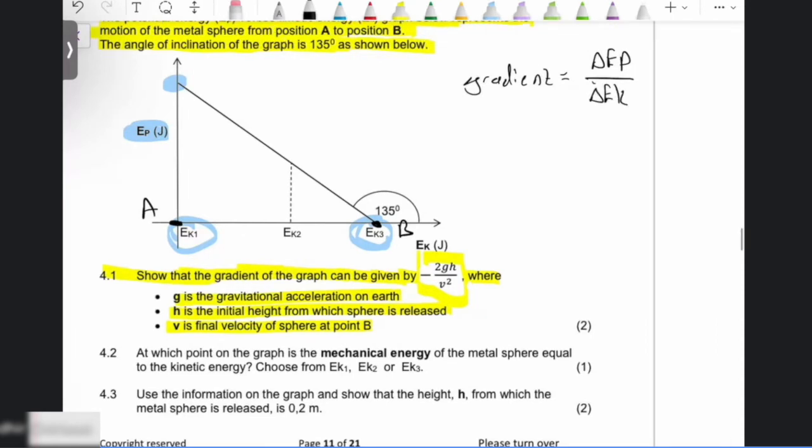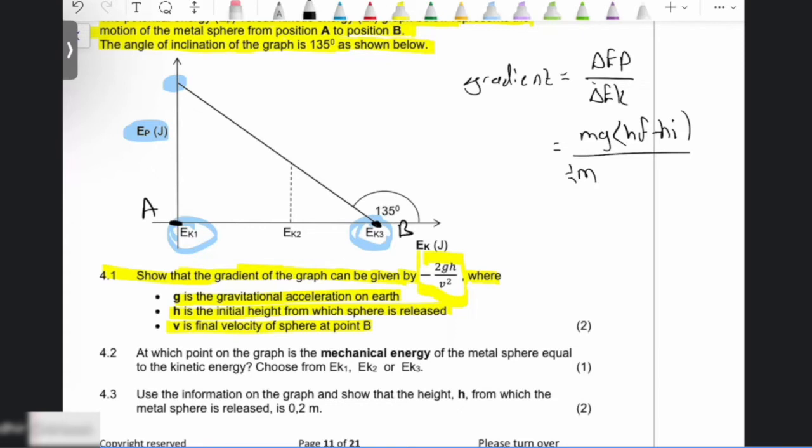All we're going to do from here is choose 2 points. It doesn't really matter which 2 points you choose. So here it's basically mass times gravity, and then there'll be a change in height, so height final minus height initial.